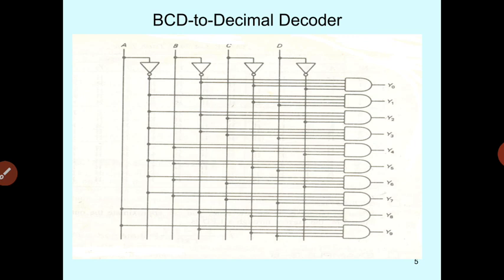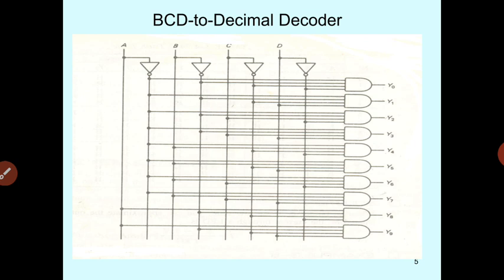This is the simple realization of the BCD to decimal decoder. As I told in the previous lecture, for a BCD to decimal decoder you need four inputs. With four inputs you can get 16 different outputs, as in a 4 line to 16 line decoder.